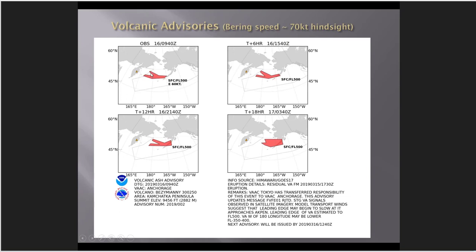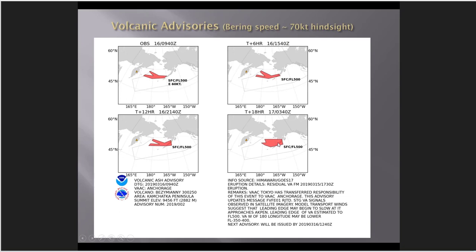We saw earlier that the different levels of the ash gave it a strange shape with this sort of V notch in the back end of it, and that's what was handed to us by Tokyo, and we went with that. This goes out to 18 hours, out till 0340 on the 17th. You can see it progressing rapidly across the Bering and into the Aleutians by this time.